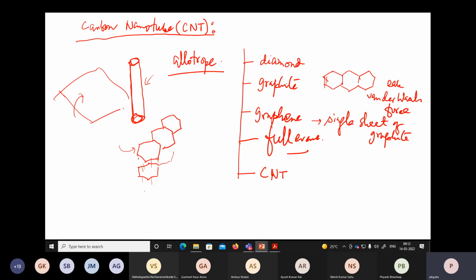Now carbon nanotube is usually of two types. One is multi-wall carbon nanotube, multi-wall CNT. Another is single wall CNT.